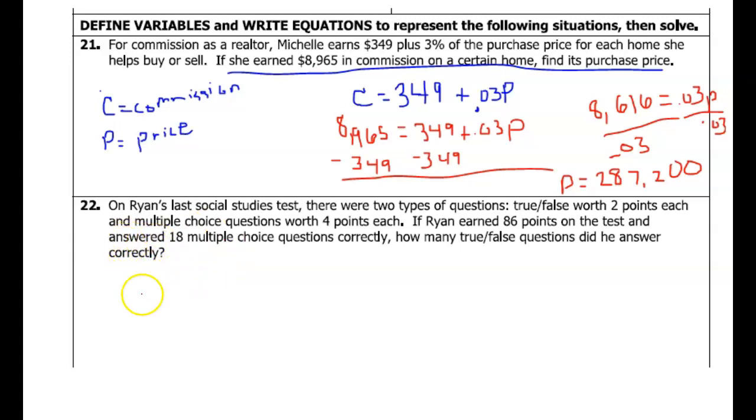So let's think about all the variables happening here. First thing I'm thinking is Ryan's score. We'll say S is his score, or how much he got. And I know that there are true false questions, so I'll say X is going to be the true false questions.